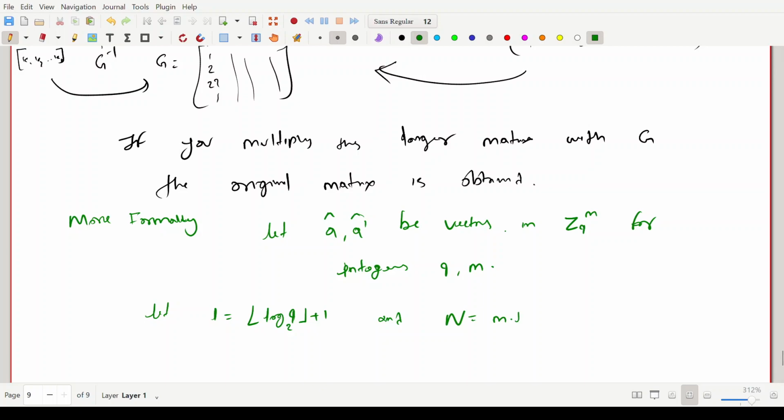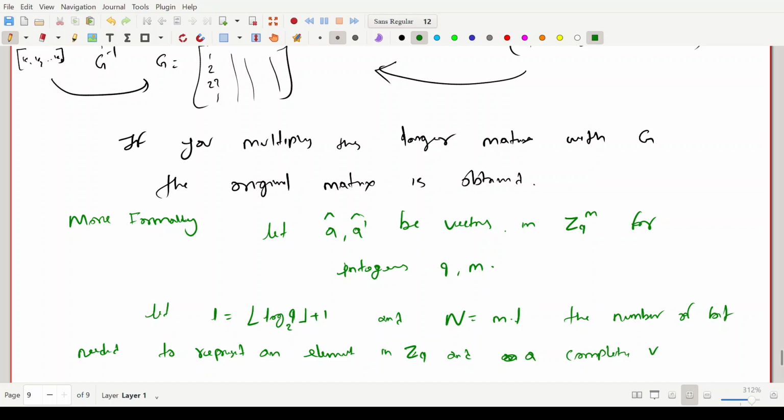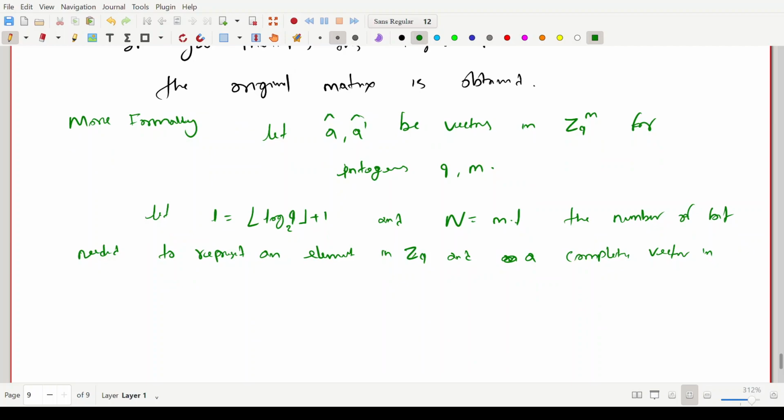N is M into L. That is the number of bits needed to represent an element in ZQ, and a complete vector in ZQ^M, respectively.